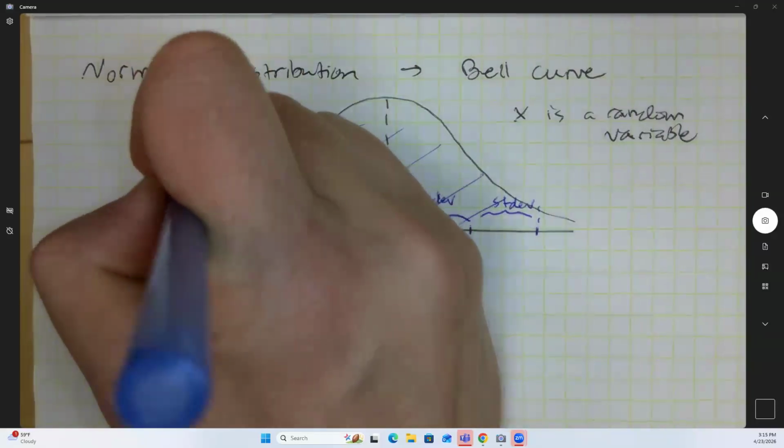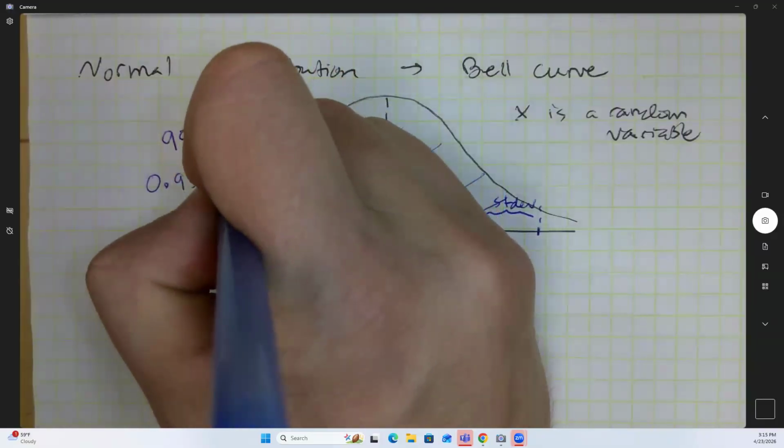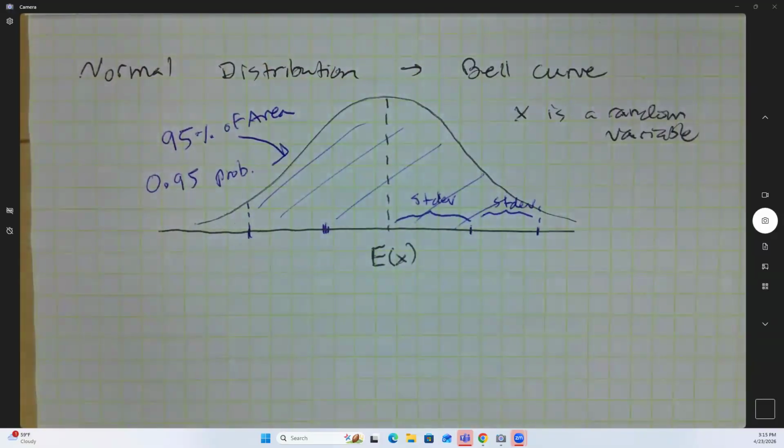So 0.95 in terms of probability is within two standard deviations of the mean.